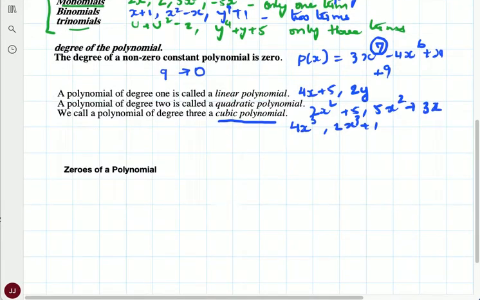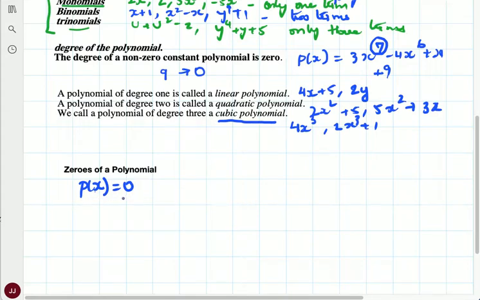Let's see what the zeros of a polynomial are. The zero of a polynomial is obtained by equating it to 0. Suppose we have an expression, then we say p of x is equal to 0. This is a polynomial equation, and we are equating it to 0.